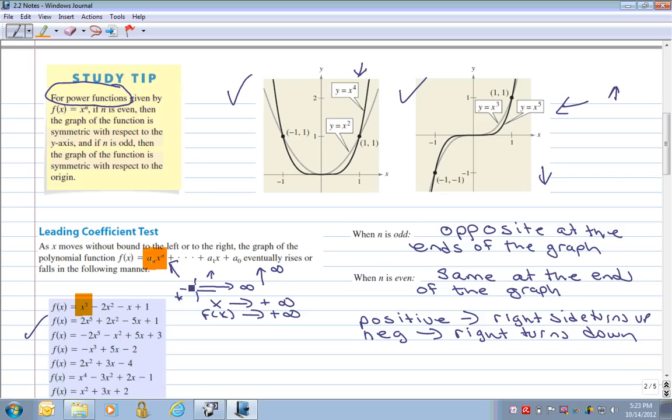Let's look at the left side. As we move toward negative infinity with our x values, so as x approaches negative infinity, our graph in this case is moving downward, so our y values are approaching negative infinity. So our f of x is approaching negative infinity. All right, so there's just some notation.